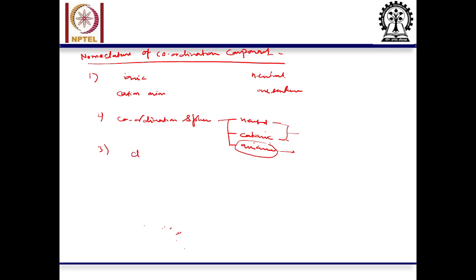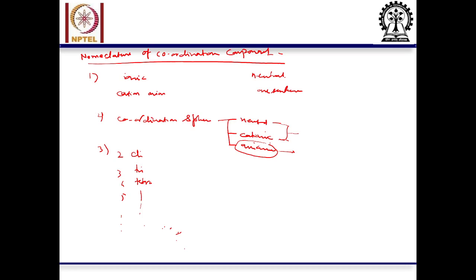We use the terms di, tri, tetra. Suppose two ligands, three ligands, four ligands, five ligands bind to the same metal, we use di, tri, tetra, penta, hexa, hepta, octa, nona, deca, undeca and dodeca.